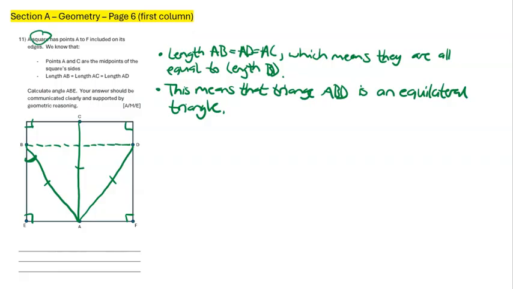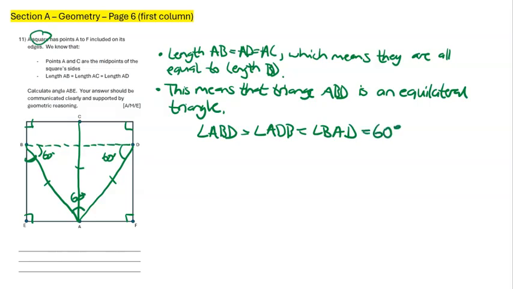It tells us that all three internal angles are 60 degrees, that there is going to be 60 degrees, and that there is going to be 60 degrees. So angle ABD, that's this top angle here, is going to be equal to angle ADB, and then equal to that bottom angle there, BAD. All of those are equal to each other, and all of them are equal to 60 degrees exactly. So that's the first step there.